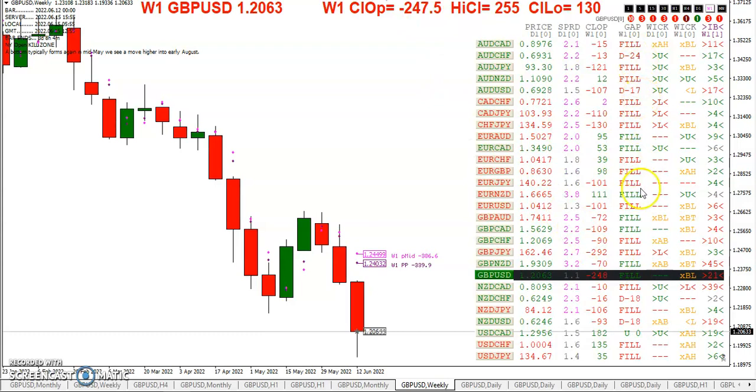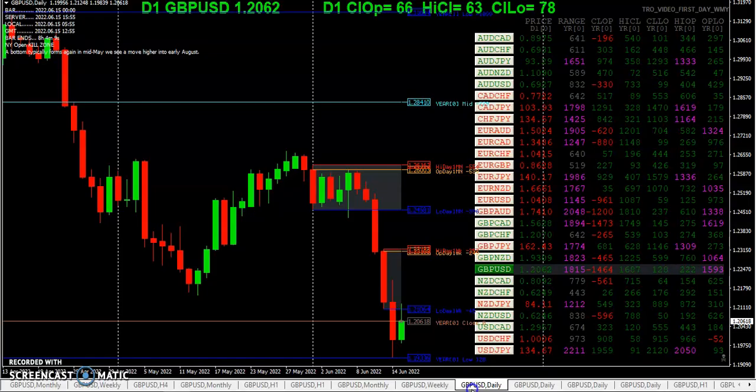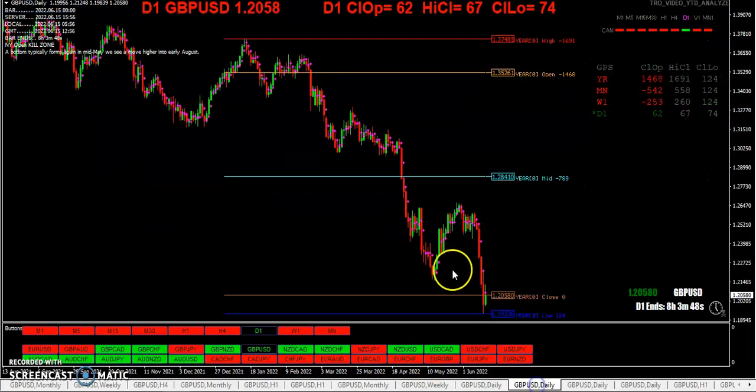And we still have 1, 2, 3, 4, 5 gaps that haven't filled here. We entered the opening range for the week today, and then we fell out at 2106. And I don't know for you pound traders, putting in that yearly low yesterday, that was crazy. 1933.